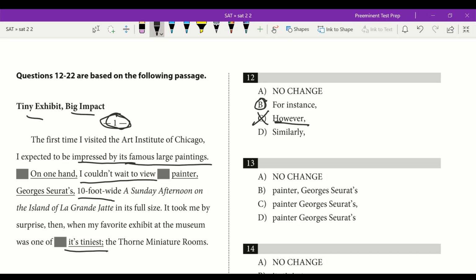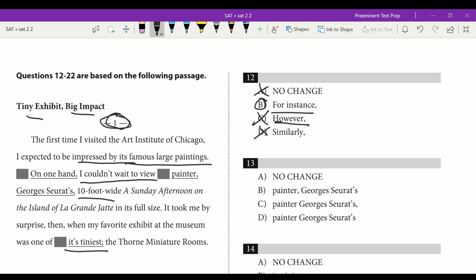So "similarly" is not really showing us our example. So now we're left with "on one hand" and "for instance." "On one hand" would be if you're weighing two different things. She's not weighing two different choices or anything. She's just giving her example, like "for instance," right? So that'll be B.